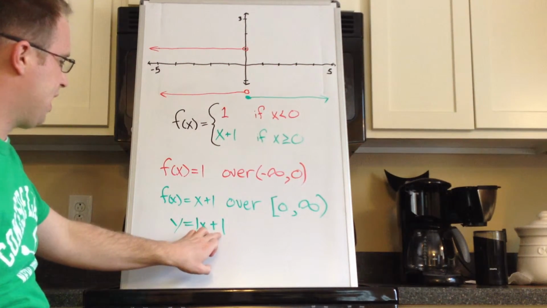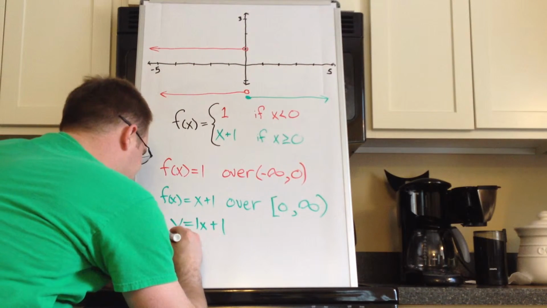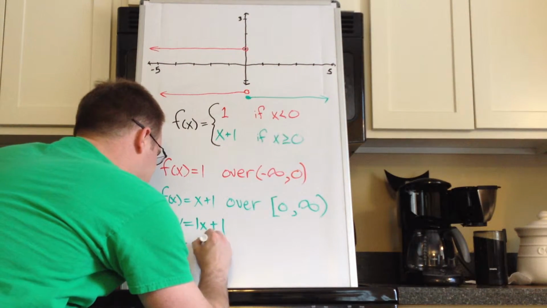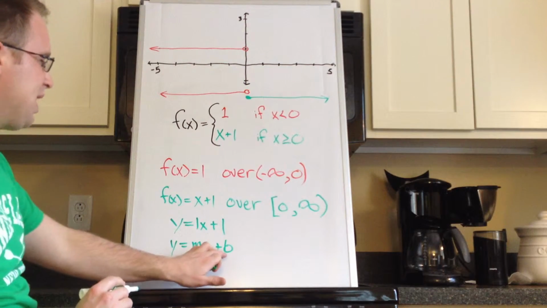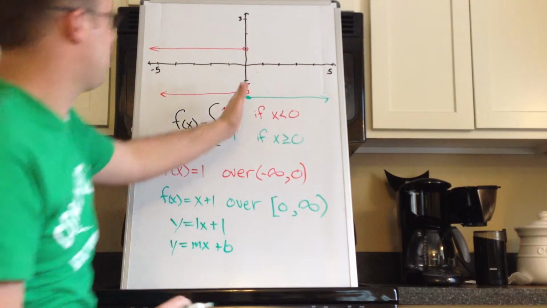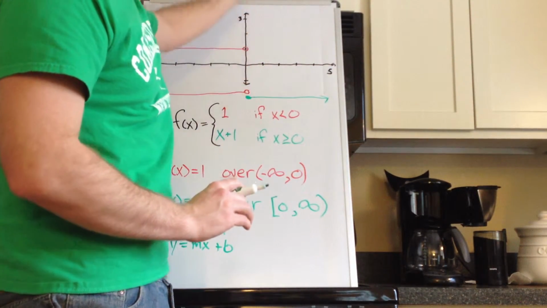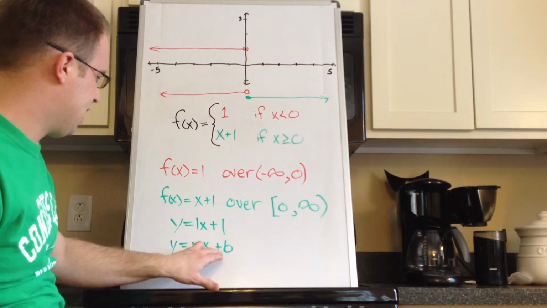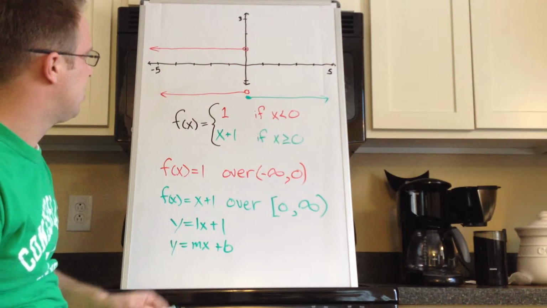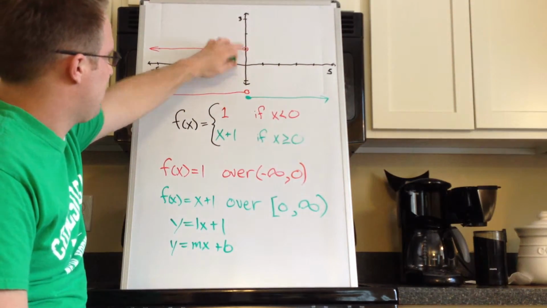And then this one here, remember the equation of a line is y equals mx plus b, where m is our slope and b is the y-intercept. So the y-intercept is where the line intersects the y-axis. So the y-intercept will be 1 here. So right there.